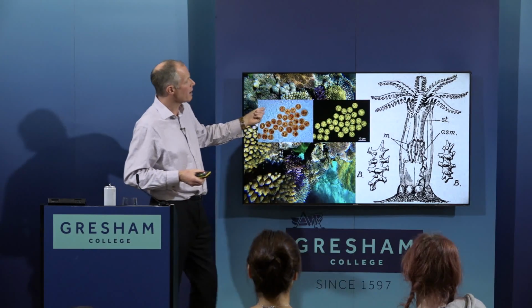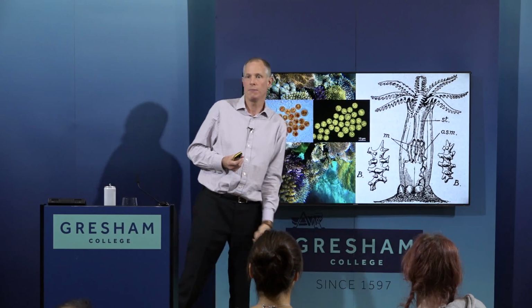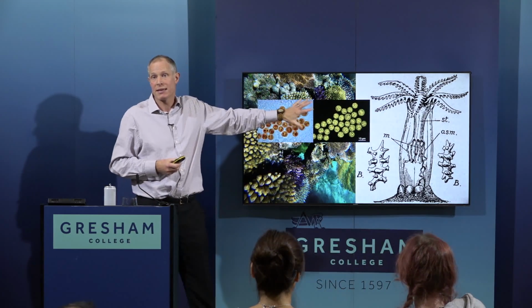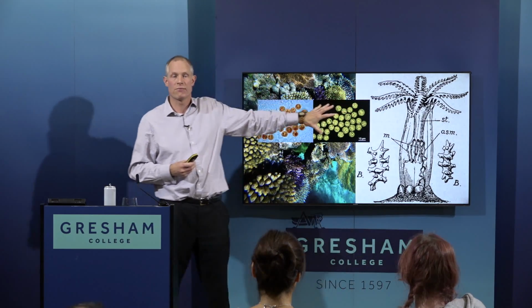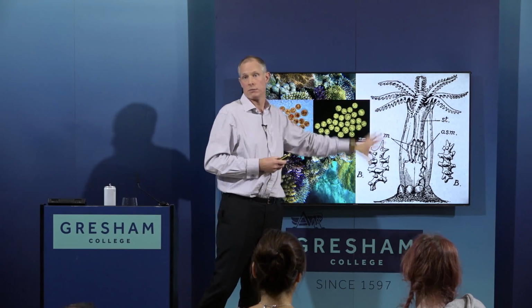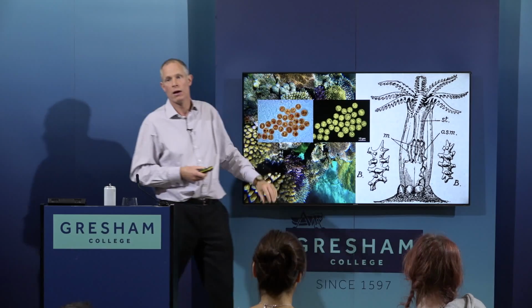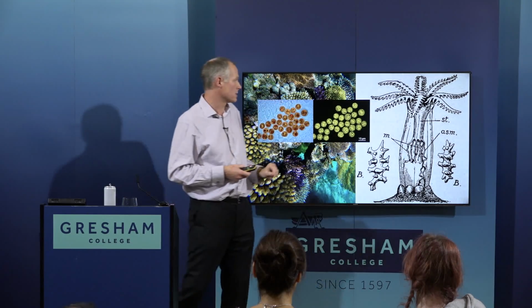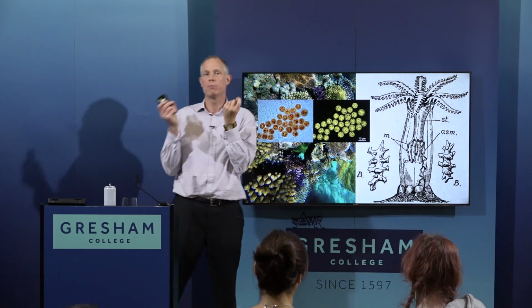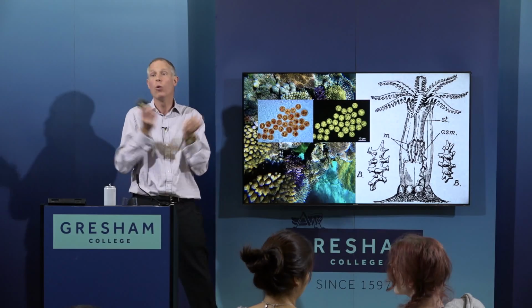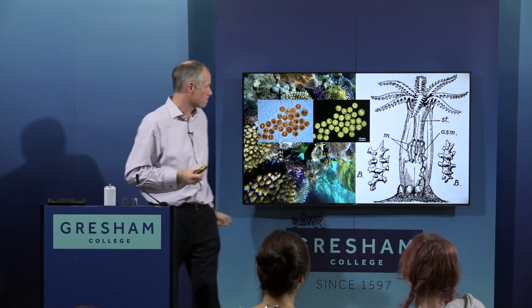These little tiny algae live inside the amphizoa. They photosynthesize, they give some of the nutrients they gain from that to the coral, which uses them to build the coral reef. And in return, the coral gives it a nice protected home away from predators for the rest of its existence. This really important symbiosis has created all of the coral reefs around the world.